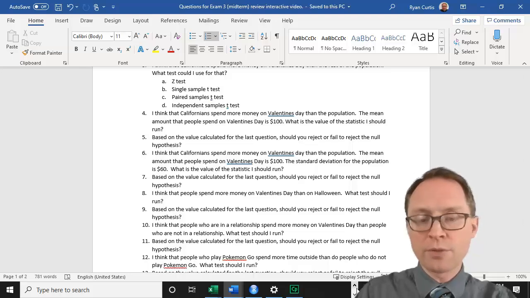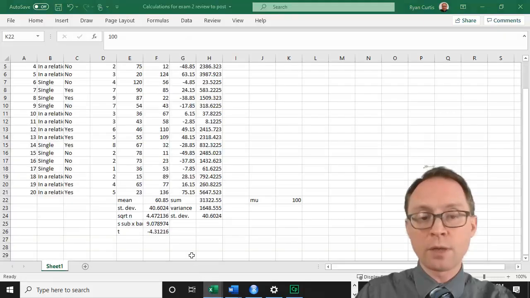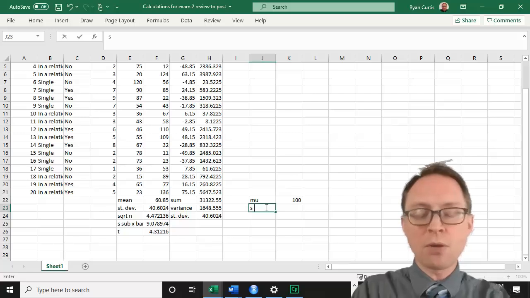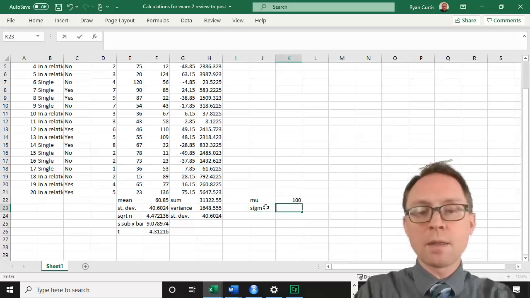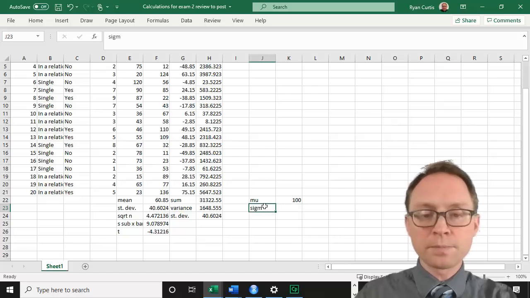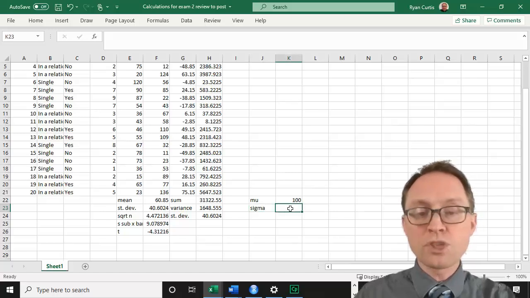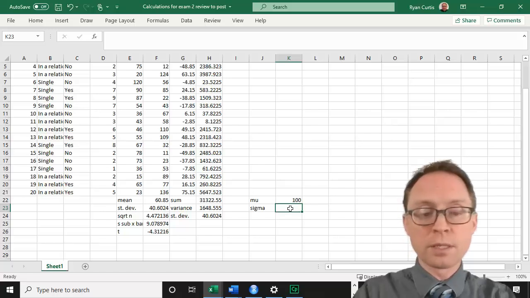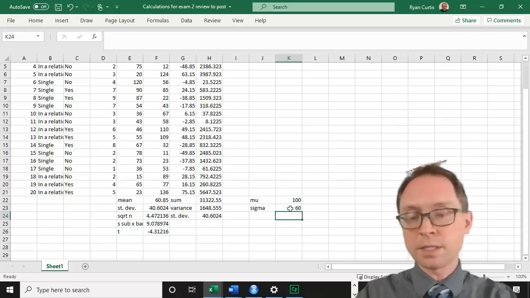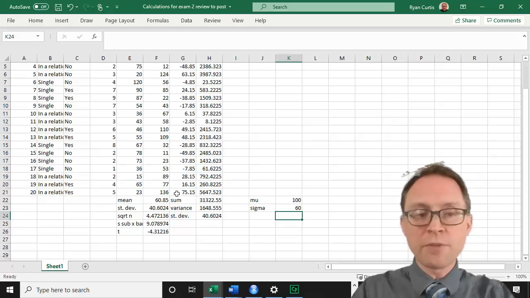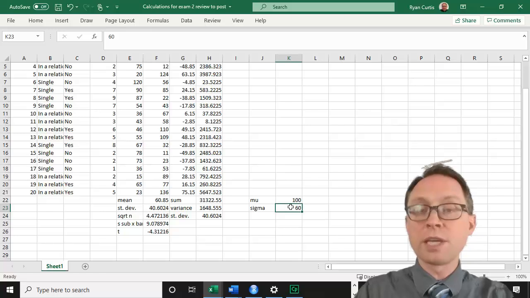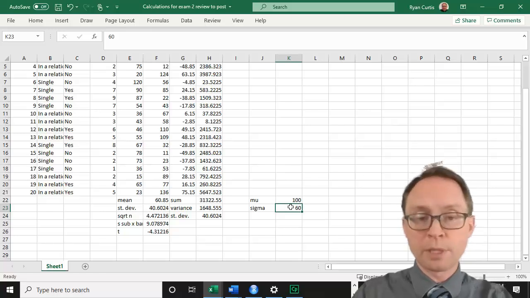So the way I do this is very similar to the single sample t-test. Let's go ahead and run it using my Excel right here. So mu was $100 still, but now sigma, which is the standard deviation of the population, is $60. So instead of using the standard deviation from the sample, I'm now using the standard deviation from the population.